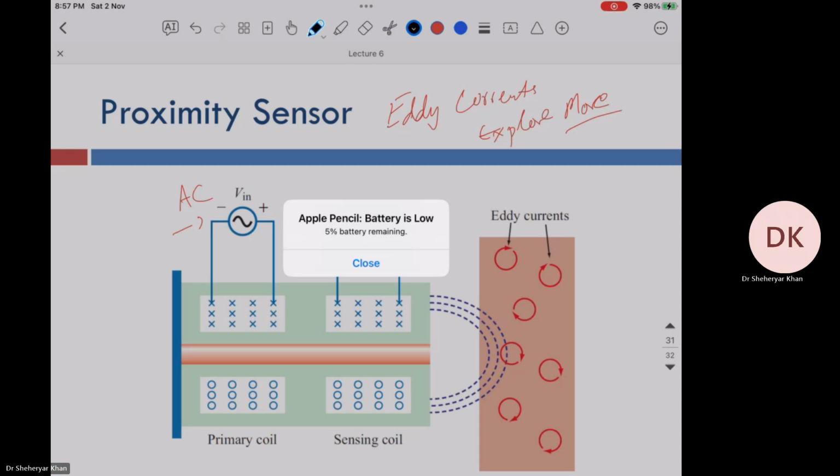And then again, there are eddy currents. So eddy current has different benefits and different disadvantages. This is the benefit. But in a motor, we don't want it. In a motor, we also have eddy current.